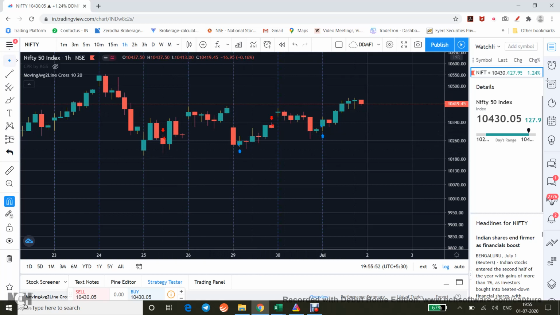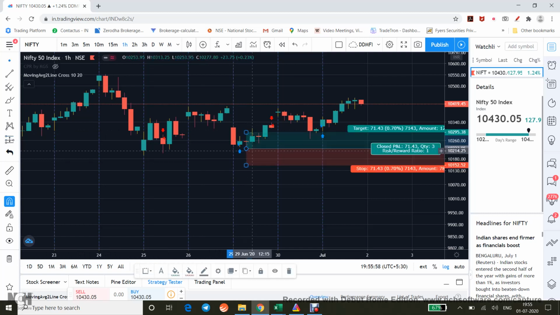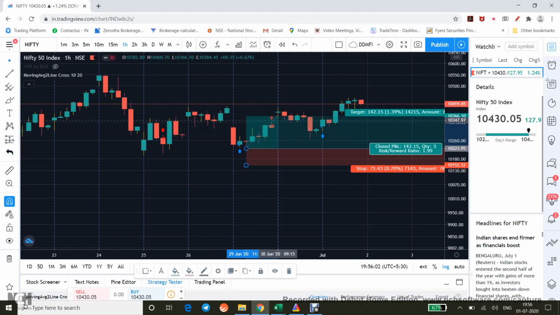All you need to do is click on this and create a long position out here. Say you will exit below this doji. So you will keep on riding till the hourly candle is broken on the downside.